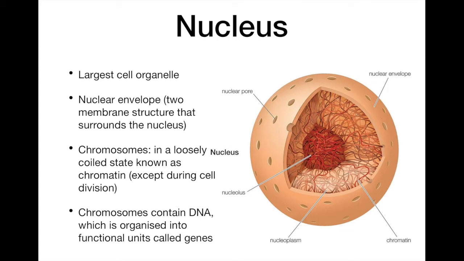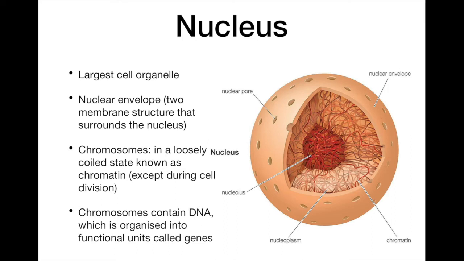Within the nucleus, the chromosomes are in a loosely coiled state, known as chromatin. In the next videos, we will talk about the cell cycle and the state of the genetic material in all the phases of the cell cycle. You will understand what chromatin and chromosomes are and the difference between them.